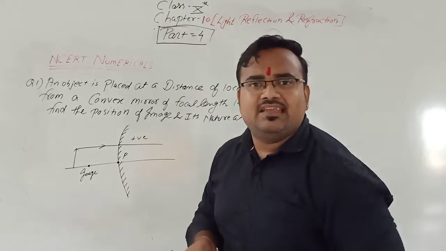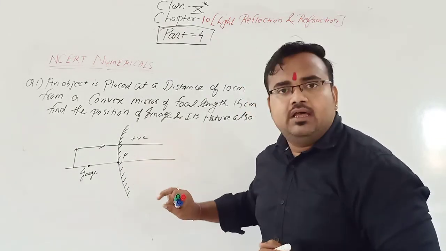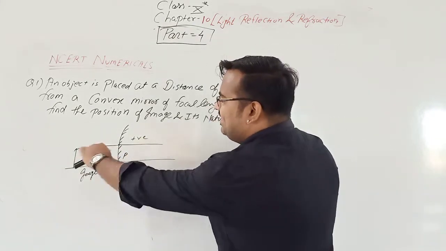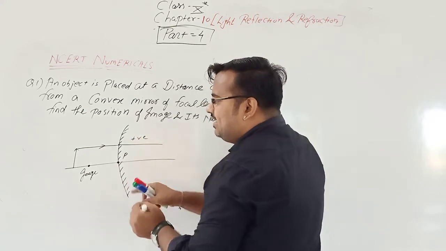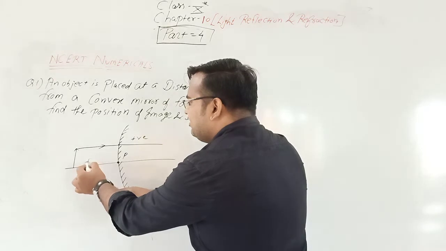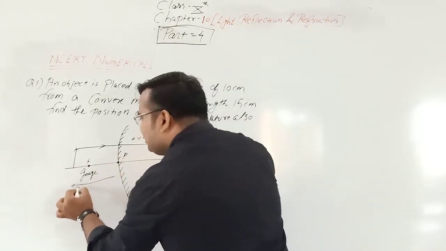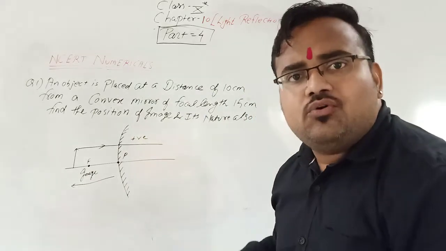Every time we are measuring the distance of the image or object distance from the pole. Now see, this is the direction of incident ray, and if we measure this distance from pole, that means we are going into the opposite direction of incident ray.